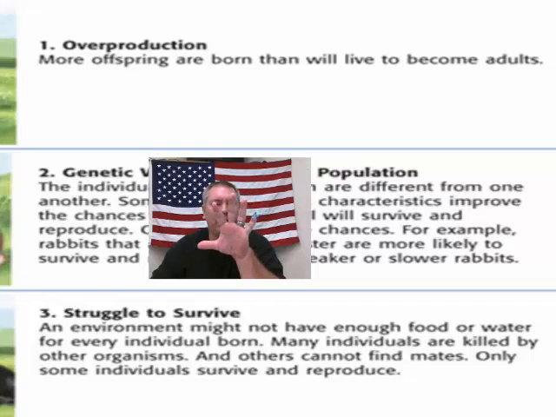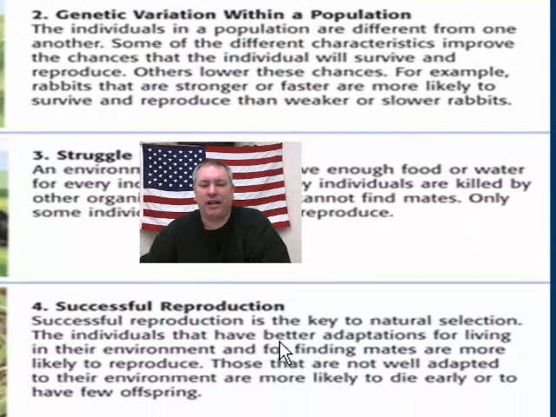Then through step 3, the struggle to survive, there's only a limited amount of food left for those 5. So maybe those top 2 decide, I'm going to take all the food because we're hungry, and we can beat up on these ones, and guess what? There's only 2 left. And then at the end, you have the successful reproduction. Successful reproduction is the key to natural selection.